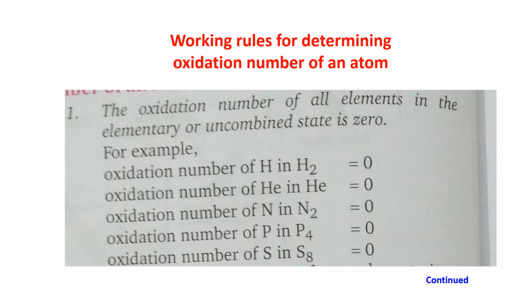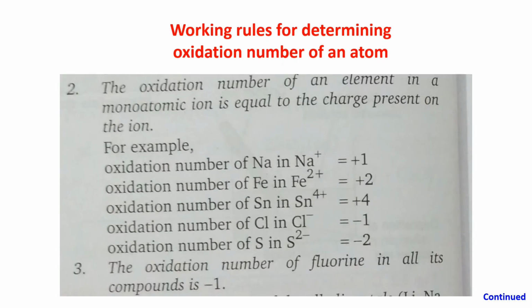Oxidation number of helium is 0. Oxidation number of nitrogen in N2 is 0. Oxidation number of phosphorus in P4 is 0. They all are in elementary state, not combined with anything. They are free, so their oxidation number is 0.